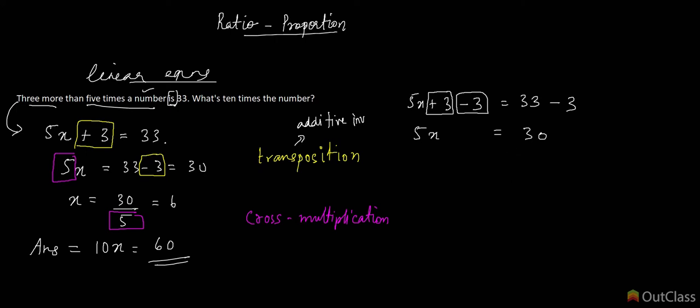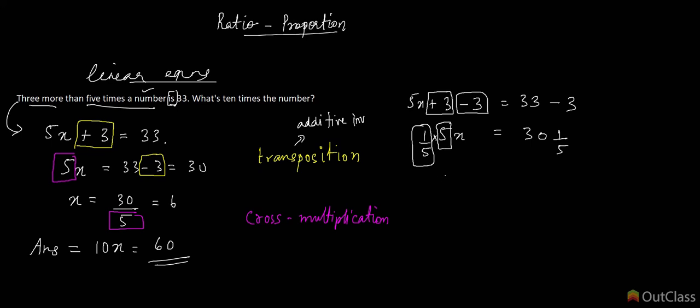And then of course the next step is you can always multiply both sides of an equation with the same quantity as long as it's not 0, and you multiply both sides by 1 by 5. This 1 by 5 is the multiplicative inverse of the 5.